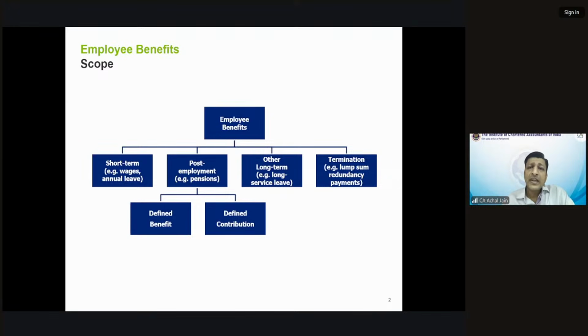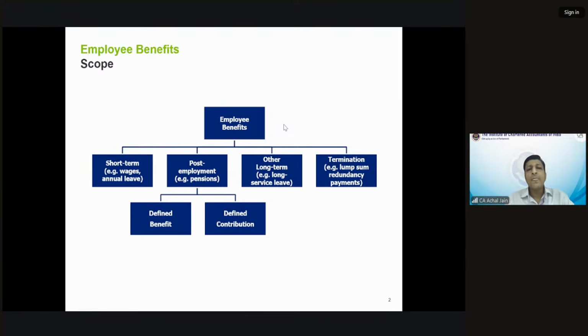Now, in respect of defined benefit plans, what we will do is continue on the accounting requirement. We discussed that the accounting needs to be done using projected unit credit method.